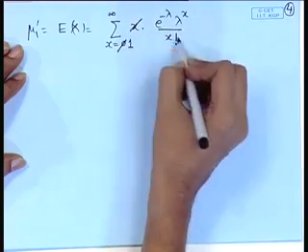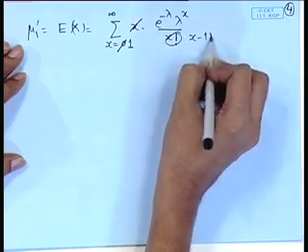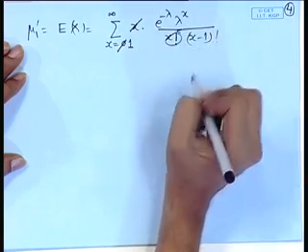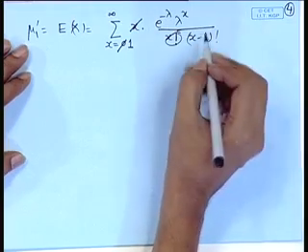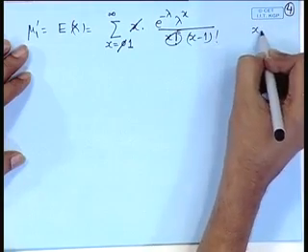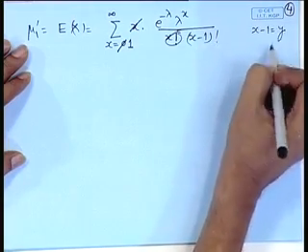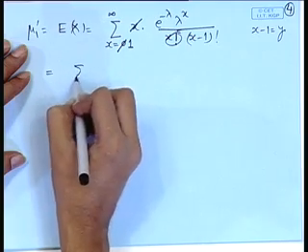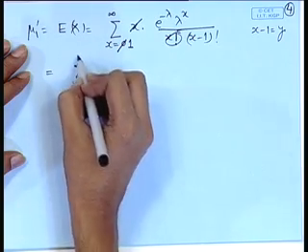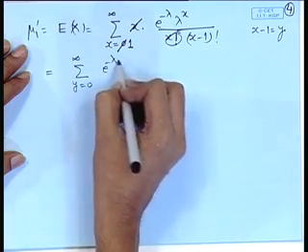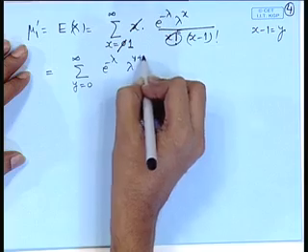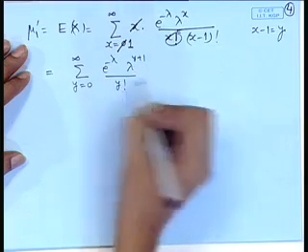Now this term can be adjusted and we can write it as x minus 1 factorial. We can substitute x minus 1 is equal to y, then this becomes summation from y is equal to 0 to infinity e to the power minus lambda, lambda to the power y plus 1 divided by y factorial.